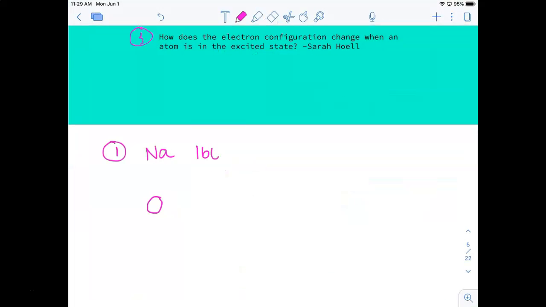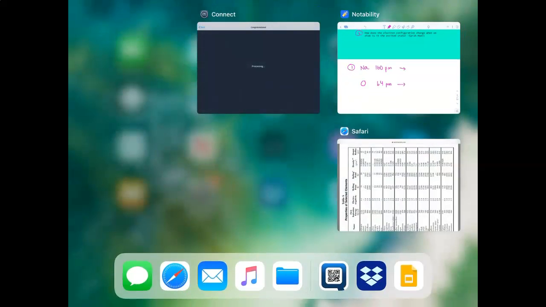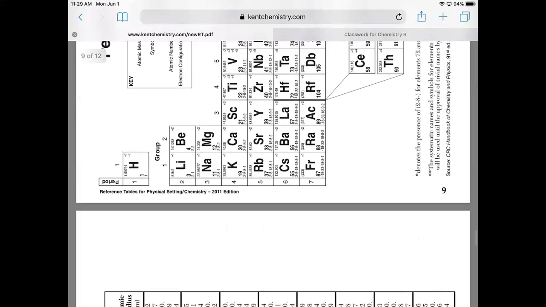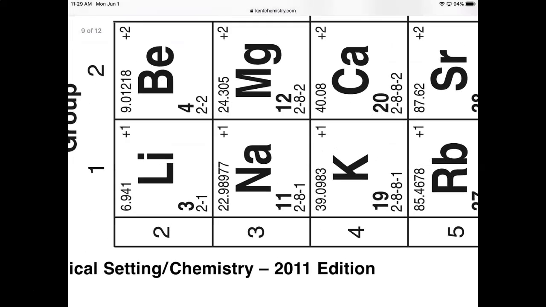So for sodium it's 160, and for oxygen it's 64. So I have 160 picometers and 64 picometers for oxygen. So what they're going to want to know is when these things become ions, how is their radius going to change? So if you want to know what kind of ion something becomes, you have to go to the periodic table and you have to look in the top right corner.